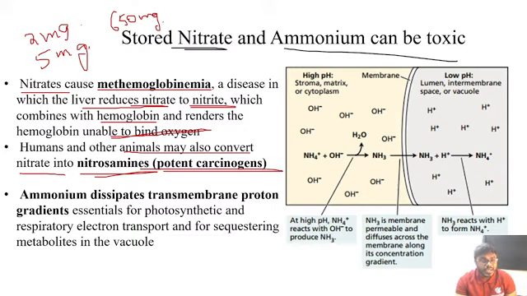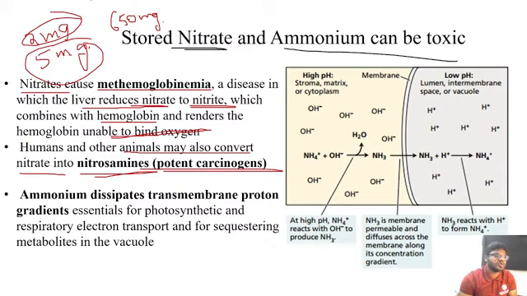So you have to understand that certain drugs show their action even at very low doses. In the same way, friends, this nitrate is converted into nitrosamines, which are extremely carcinogenic even at lower doses.